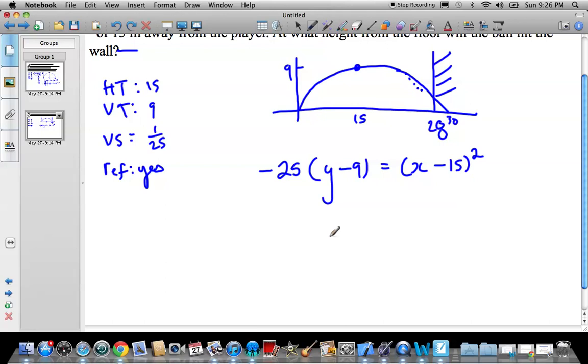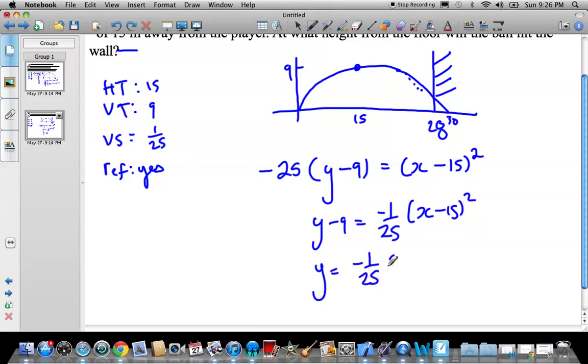Standard form is a little bit easier to do this. So in order to do that first, I need to divide both sides by 25, which will make this negative 1 over 25 here. So I'm going to have y minus 9 is equal to negative 1 over 25 times x minus 15 squared. Now I have to get rid of this minus 9, so I'll just add 9 to both sides. Plus 9, just like that.